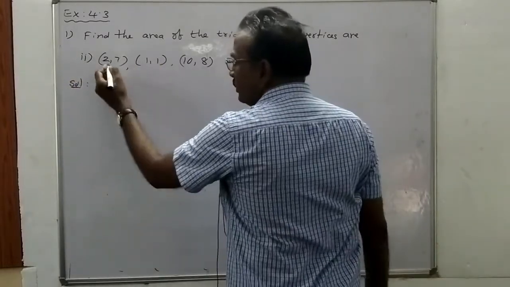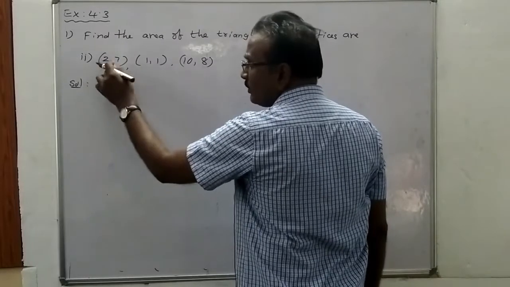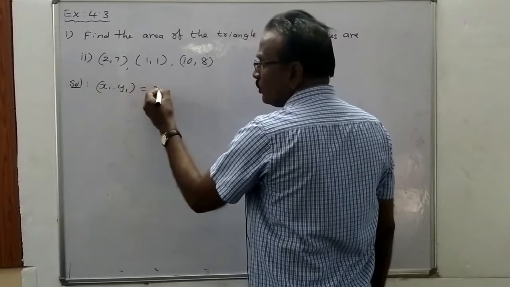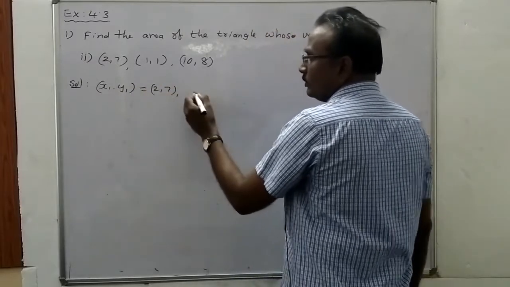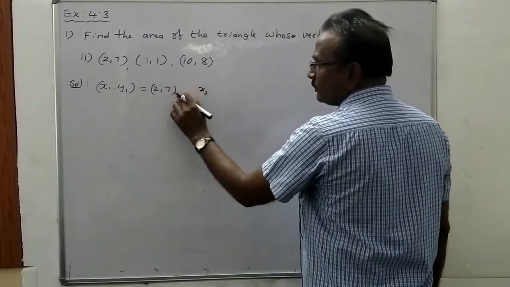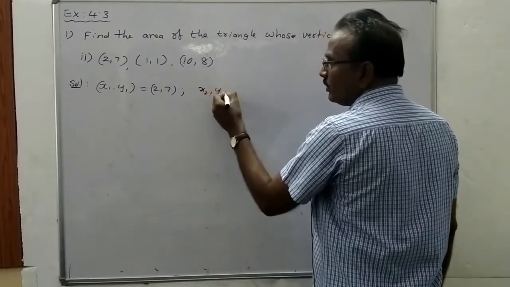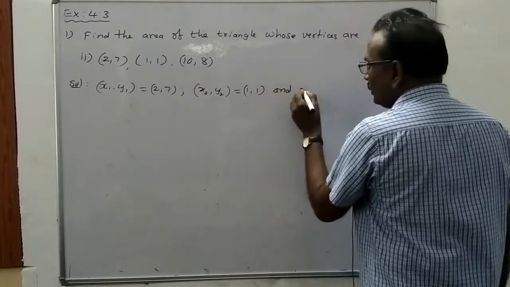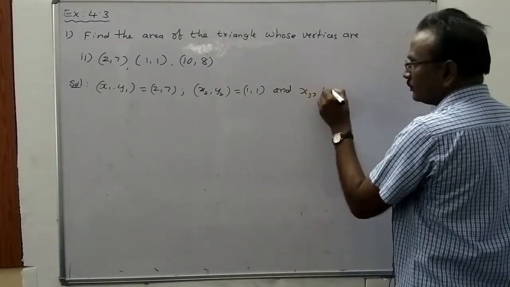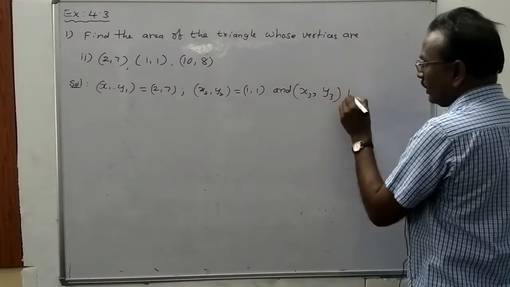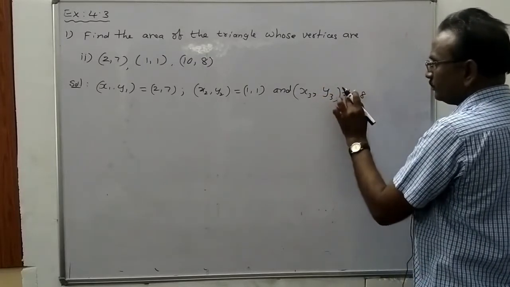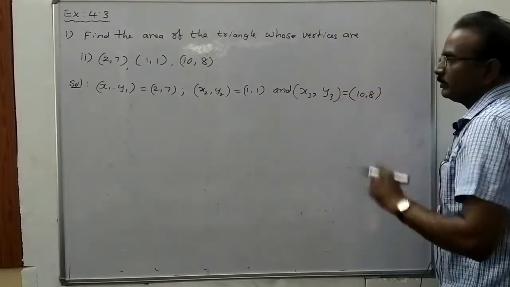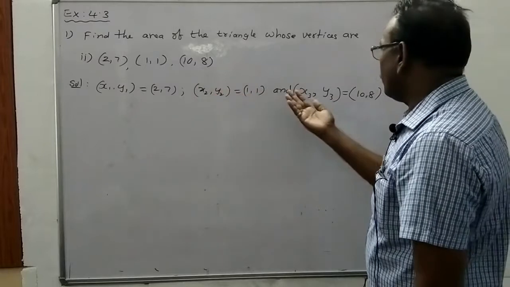Here x1 comma y1 is 2 comma 7, x2 comma y2 is 1 comma 1, and x3 comma y3 is 10 comma 8. So we are given the x1 y1, x2 y2 and x3 y3 values.